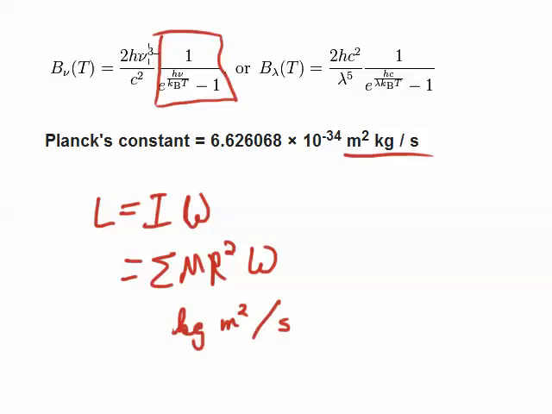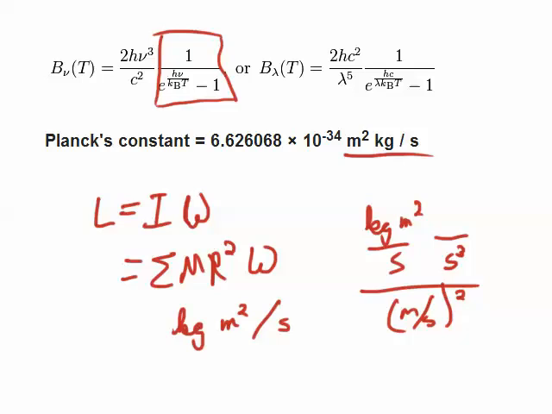And then if I'm not mistaken, this is a nu, which is frequency. So we're going to take that h, which is in kilogram meters squared per second. We're going to multiply it by nu, which is over a second cubed, divided by c squared, which is meters per second squared.